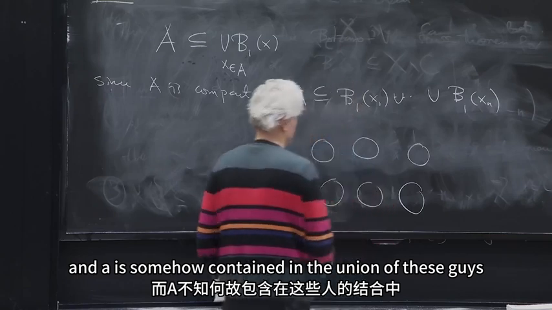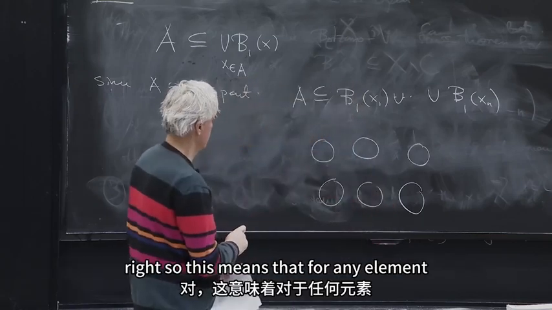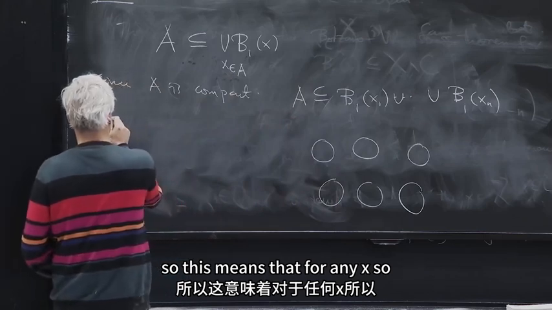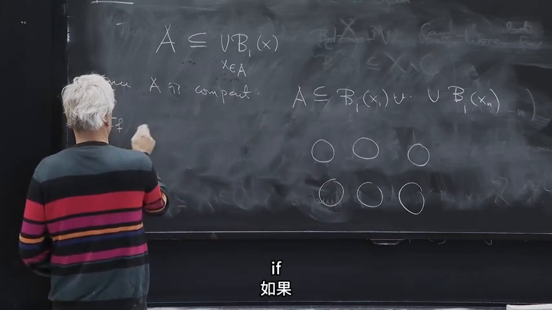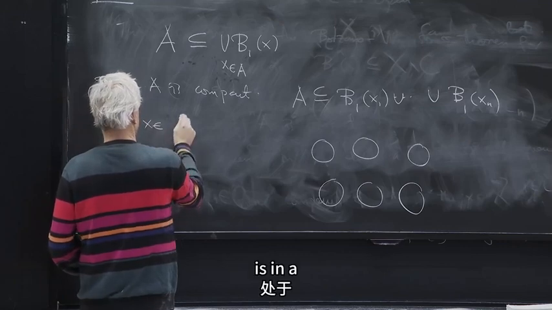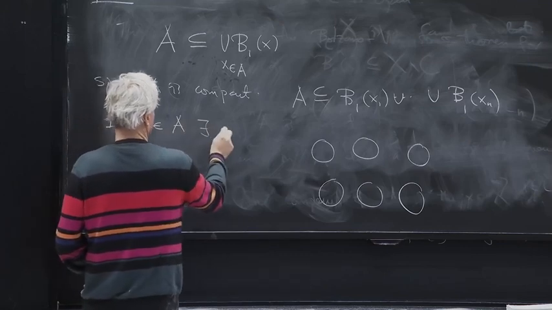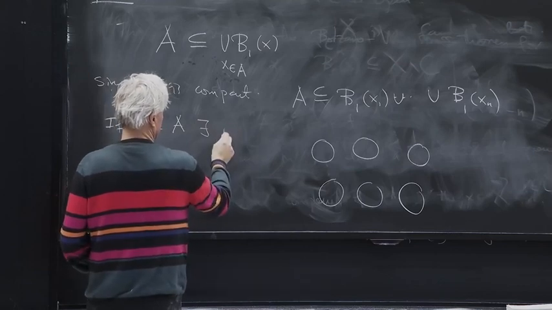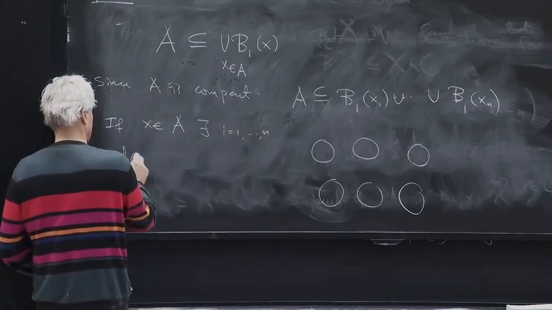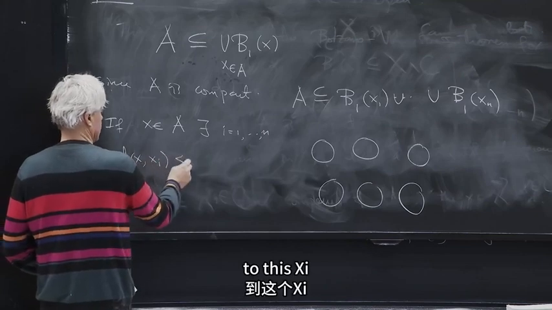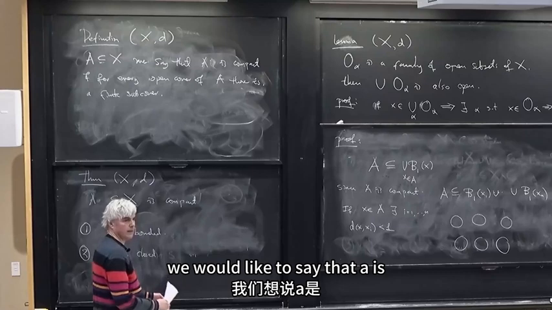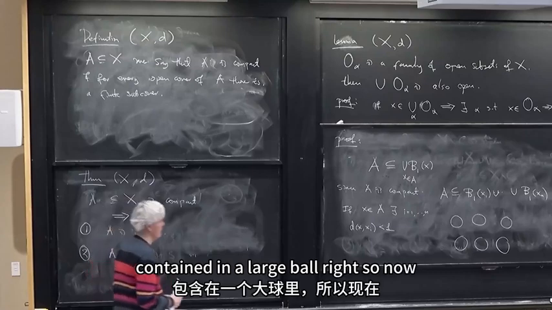A is contained in the union of these balls, so for any x in A, there exists one of these finitely many i so that the distance to this xi is smaller than 1. We would like to say that A is contained in a large ball.